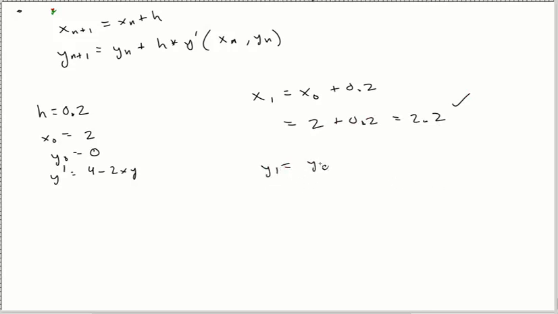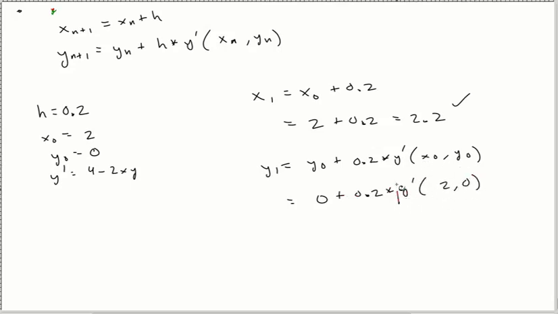So y1 is going to be y0 plus, again, h, which is my 0.2, times the y prime formula at x0, y0. Well, I have y0, which is 0, 0.2 for my h, and then x0, y0, that's going to be a 2, 0.